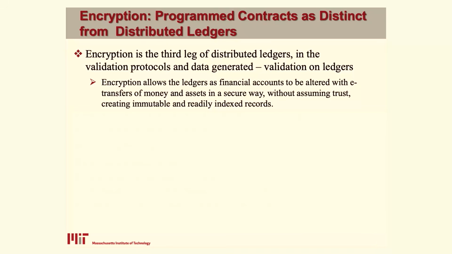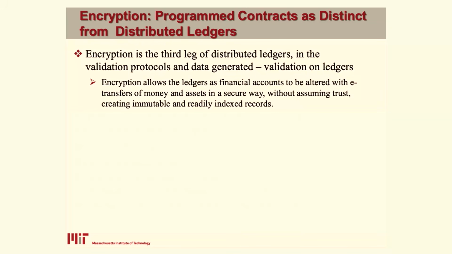Okay, so the point of this slide is something I mentioned last time, that programmed contracts are distinct from distributed ledgers. We can use encryption for both, and it's the third leg in the sense that we've covered already: distributed ledgers and smart contracts. Encryption can be used as part of the validation protocol.